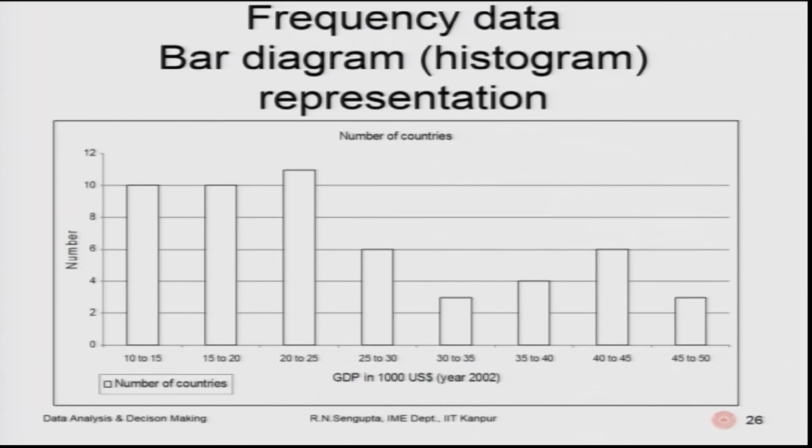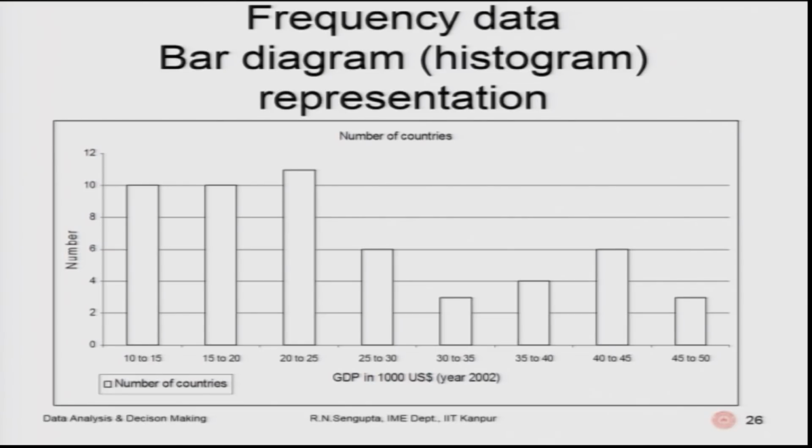The third way of describing the bar diagram in the histogram representation can be GDP in US dollars for the year 2002 for a number of countries. The number of countries is represented along the y axis, and the GDP, as a block or a group, is denoted along the x axis.